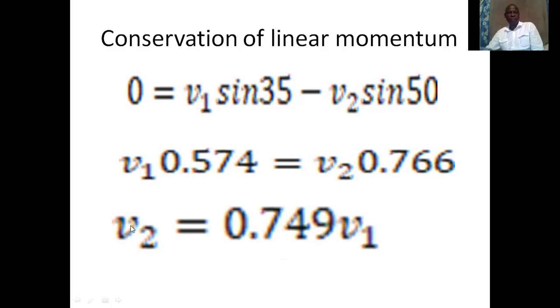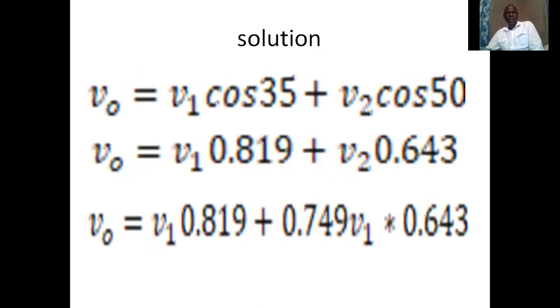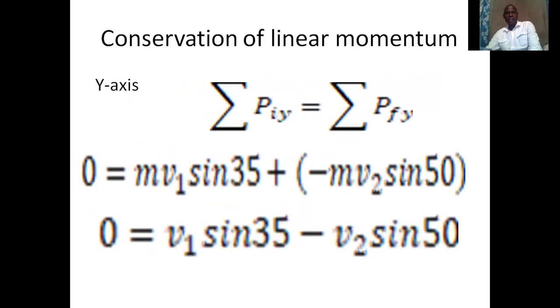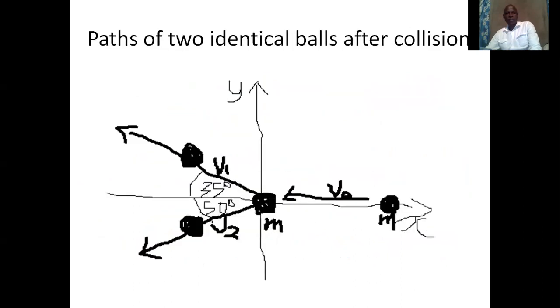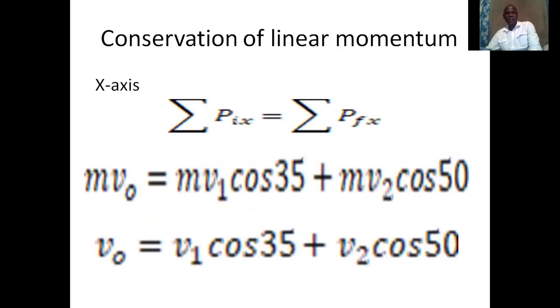So it means that we have found one velocity here. And so if you go back, you want to find the velocity for the first equation. You note that this is what we had here. We said V initial is equal to velocity 1 cos 35 plus velocity 2 cos 50.